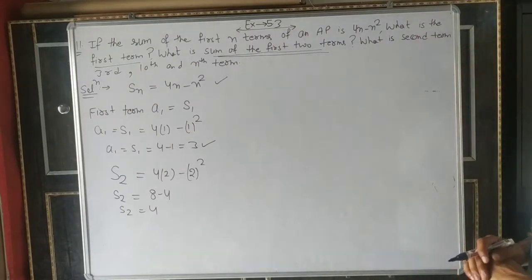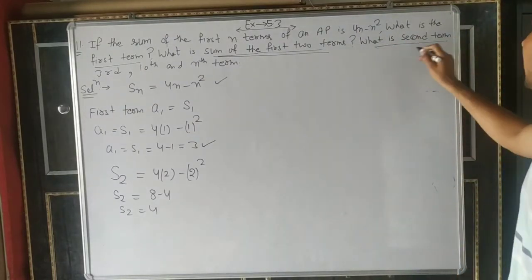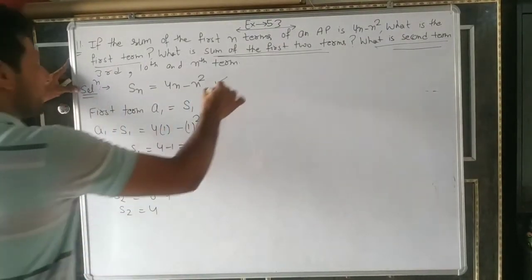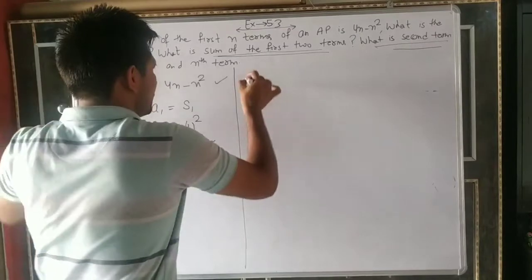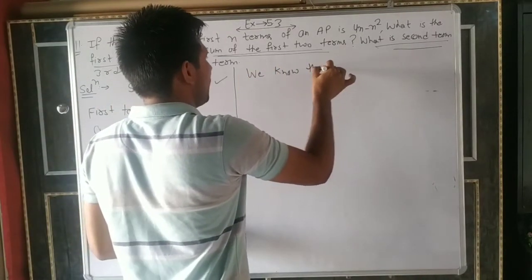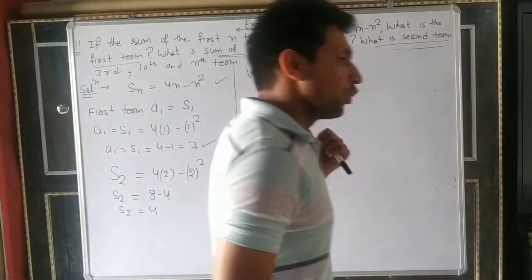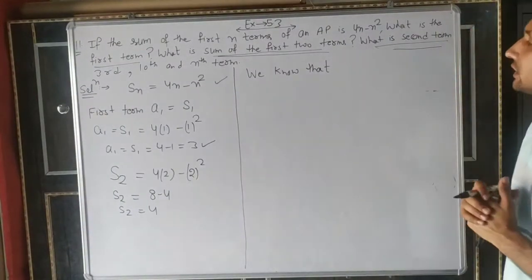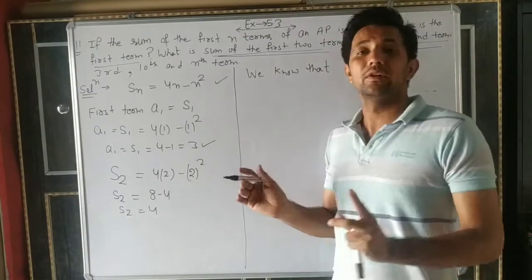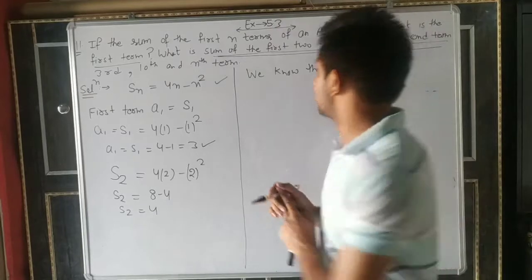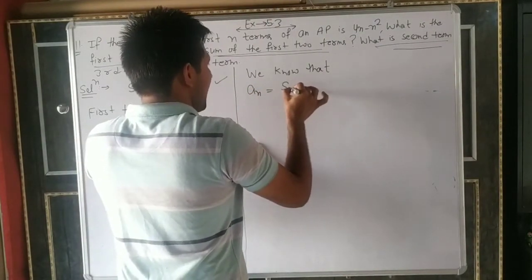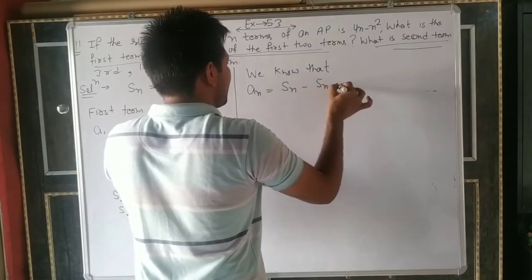Next, dear, we want to find the second term. So first we will write one formula. We know that; before 2 minutes we have already discussed it. How to find any term if the sum of the n terms is given? An equals Sn minus Sn minus 1.